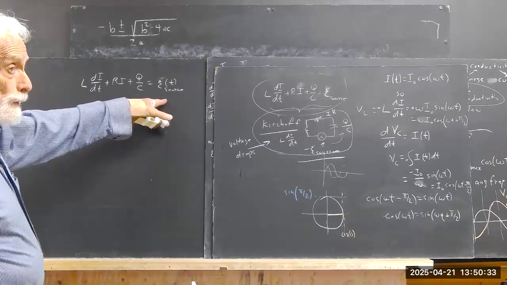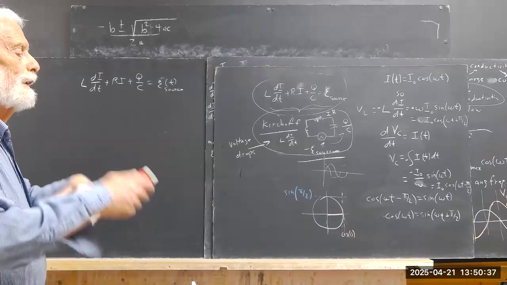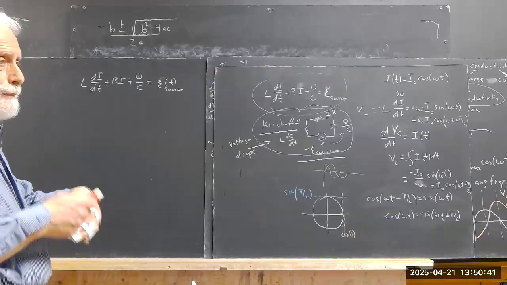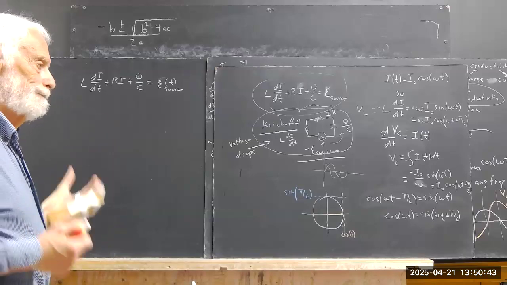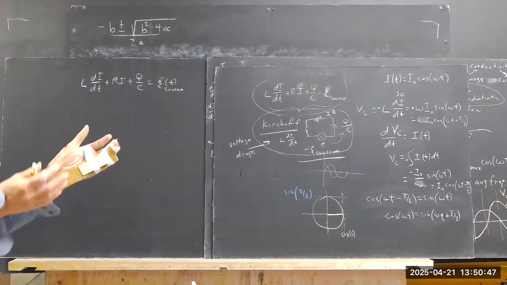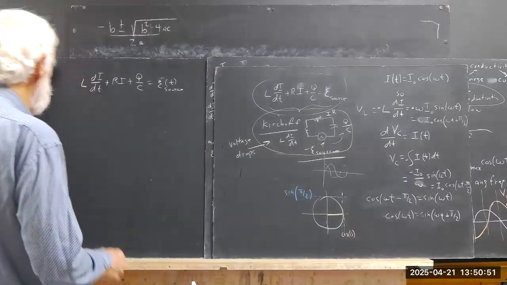And we're assuming that the source is the result of rotating a loop at constant angular velocity within a magnetic field, everything being lined up perpendicular and so forth.